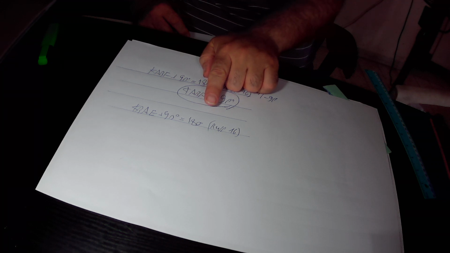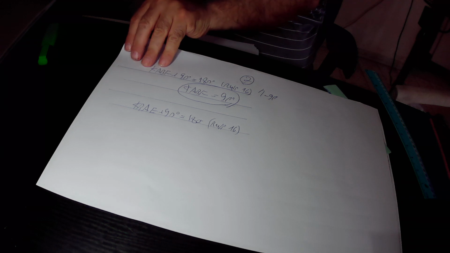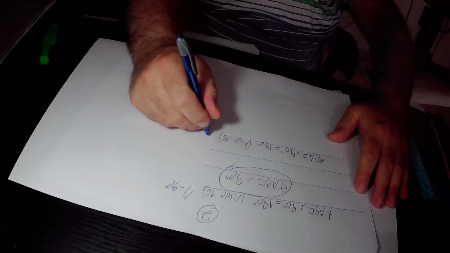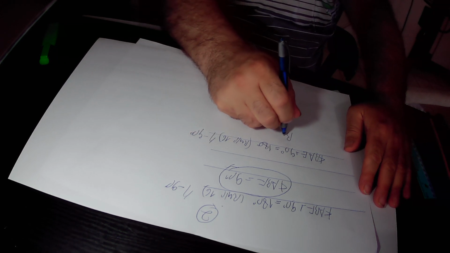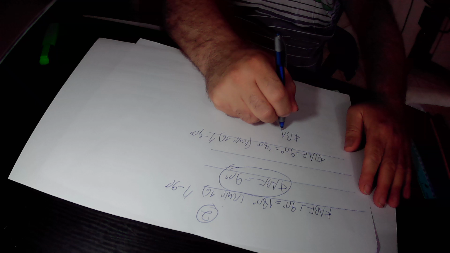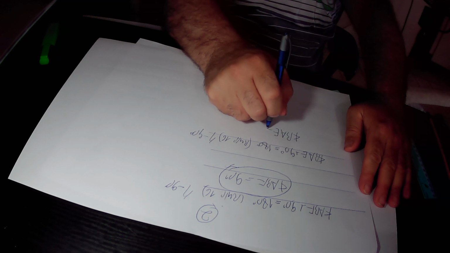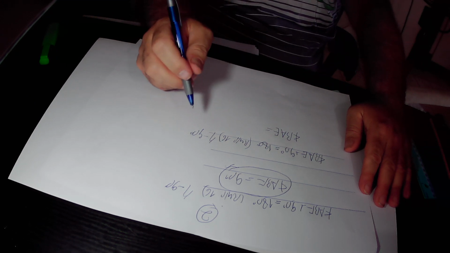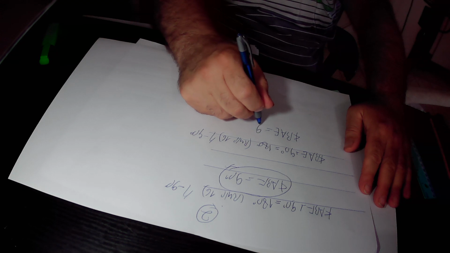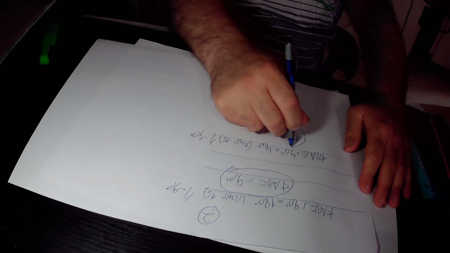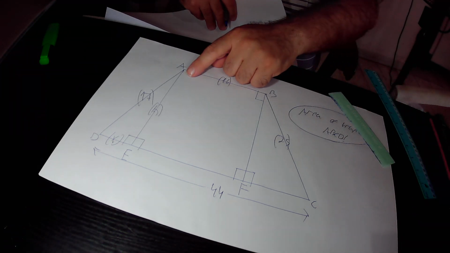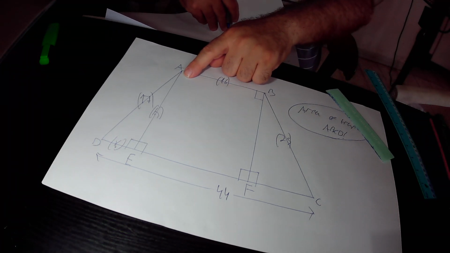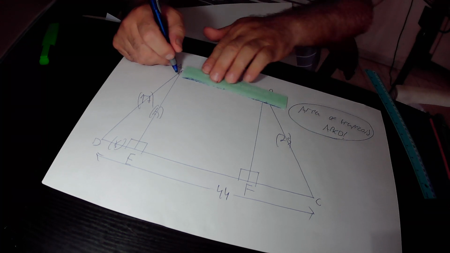Here we subtract 90 degrees from this equation, and we get that the size of the missing angle BAE is equal to 180 degrees minus 90 degrees, which is 90 degrees. So she found out that the other missing angle BAE is also a right angle, according to rule 16, of course. This angle is a right angle.